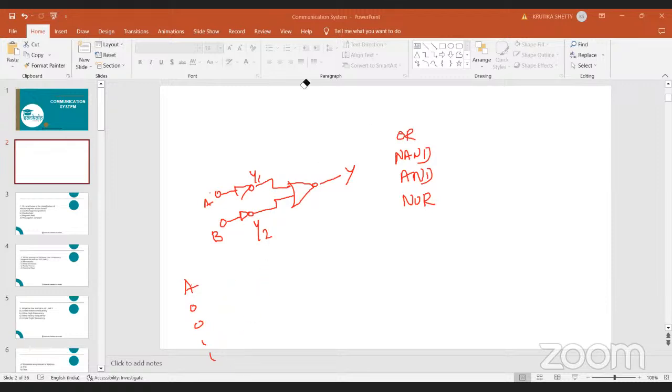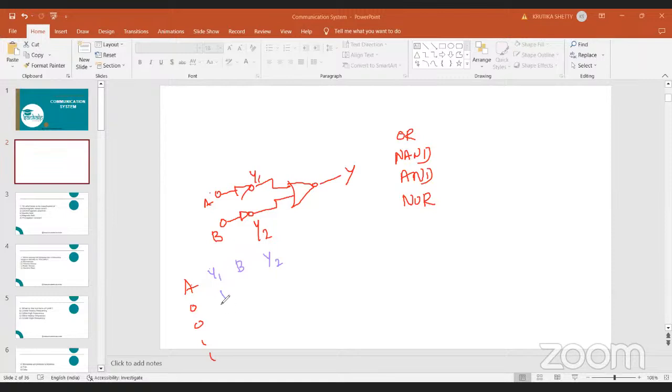So what we will do here is, we will make here y1. So here what y1 comes to, then here B, then here let us see what y2 comes to. Okay, so now, when A is 0, y1 will be 1. This is 0, then it is 1.